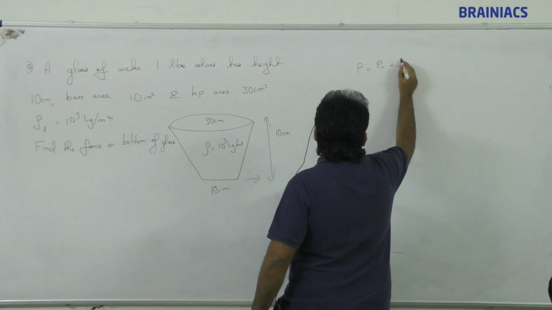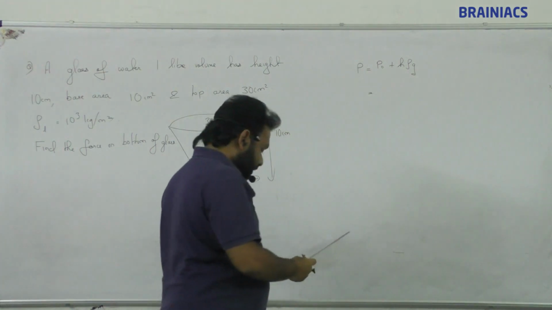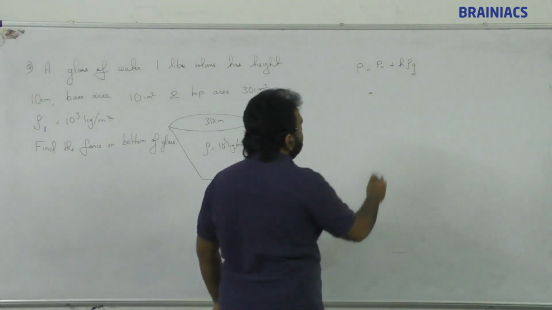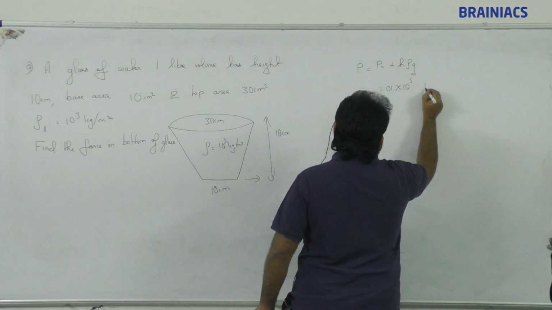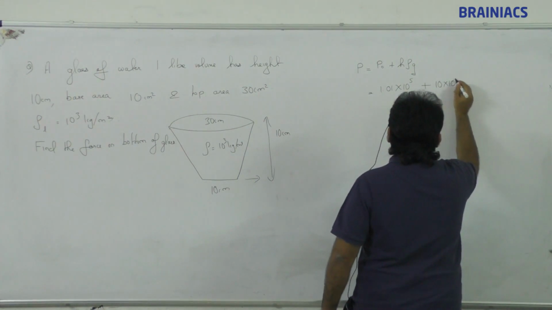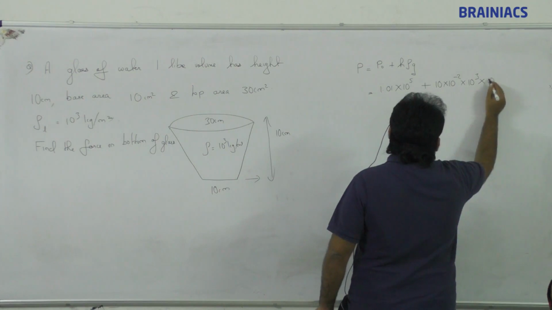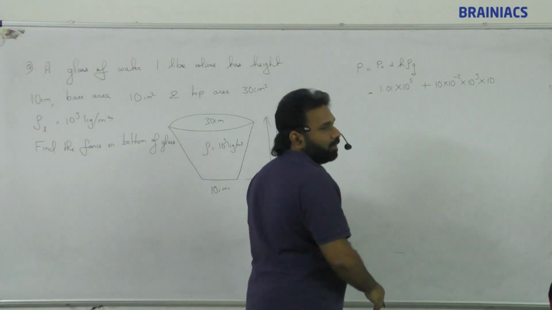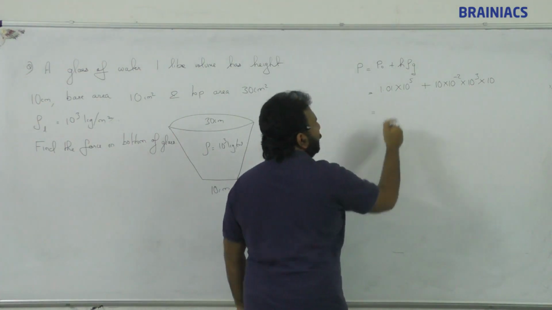P naught plus h rho g. The atmospheric pressure we can take 1.01 into 10 raised to 5. Height is given, so 10 into 10 raised to minus 2. Density is given, 10 raised to 3. Gravity we can take as 10. Correct?